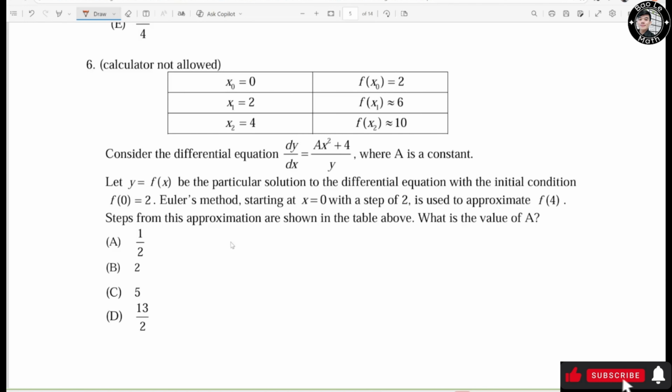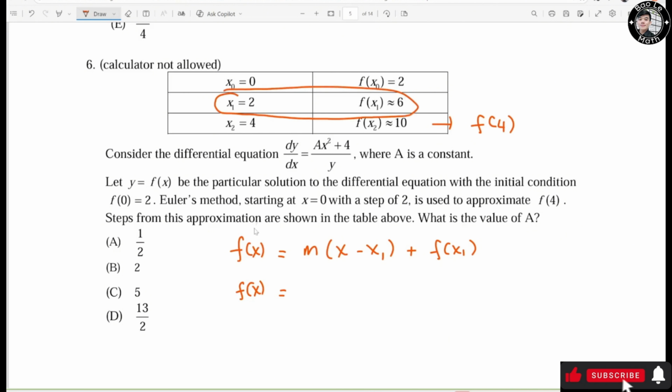Now we have the equation of the tangent line is going to be f of s equals the slope times s minus s1 plus f of s1, right? Now we have f of s equals, we need to calculate f of 4, right? So we need to use the previous s and y values right here, right?